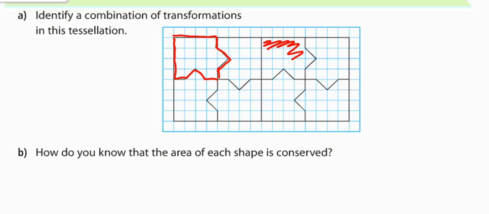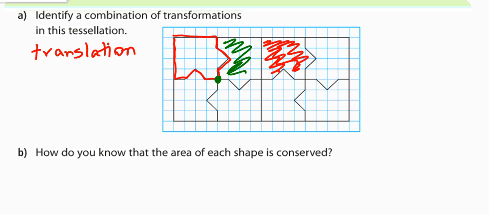So if I want to talk about going to this one here, that would be a translation, because I am picking it up and I'm moving it over here. Likewise, I can start with this one here, and if I rotate it around this point, I'm going to end up with this shape. So in that case, I would have my rotation.